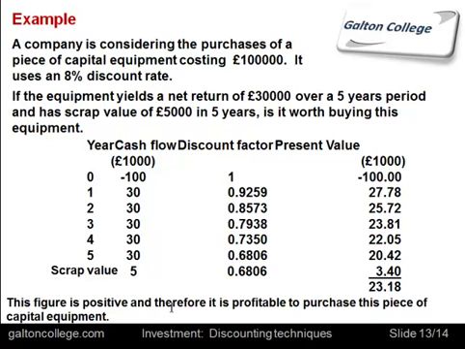This figure is positive, and therefore it is profitable to purchase this piece of equipment. So a problem which looks very, very difficult is actually quite easy when you write it down in this format and think logically about how it works. You could use the table or you could use the formula. It's easier to use the table when you have a long time period like we've got here.